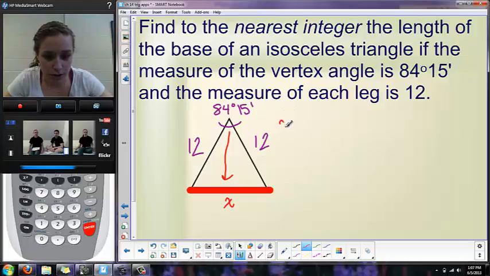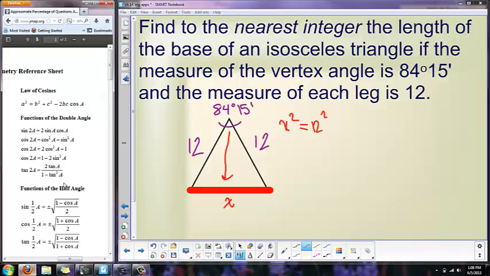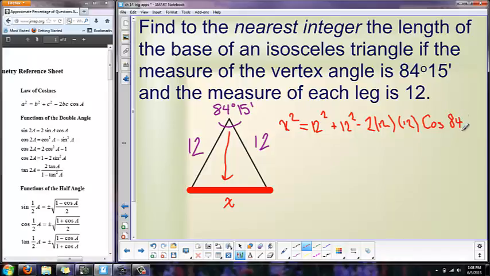So our equation is going to be written like this. x squared is equal to 12 squared, because that's the other leg. And I'll pull this up for you if you can't remember what the equation is. 12 squared plus 12 squared minus 2 times 12 times 12 cosine of, now this is 84 degrees 15 minutes, but we just did a conversion and that's 84.25 degrees.